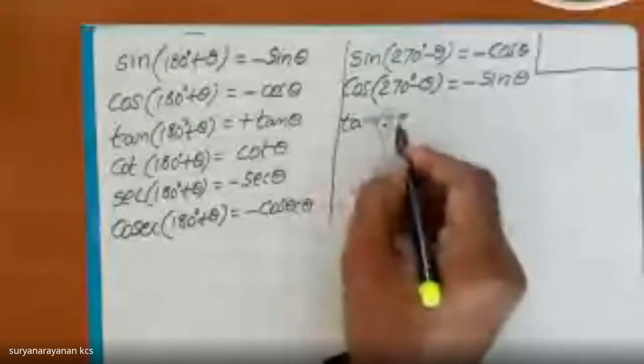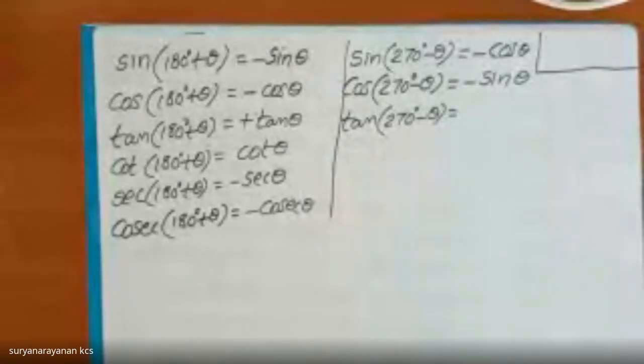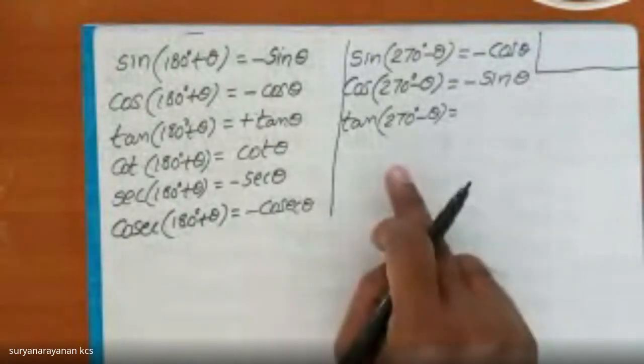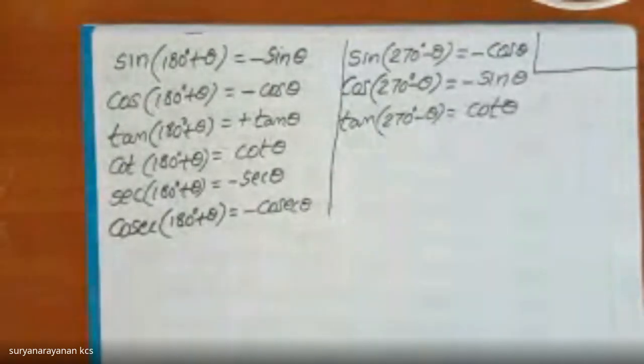Tan 270 degrees minus theta. Tell me, tan 270 degrees minus theta. Yes. Cot theta, very good. Very good, Catherine. Samuel, you are mistaken, not minus cot theta, plus cot theta.